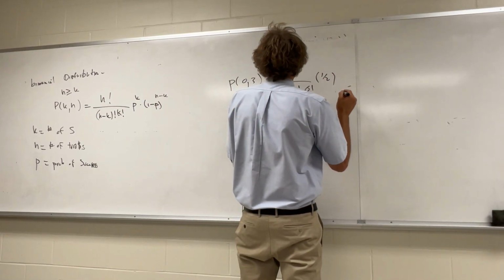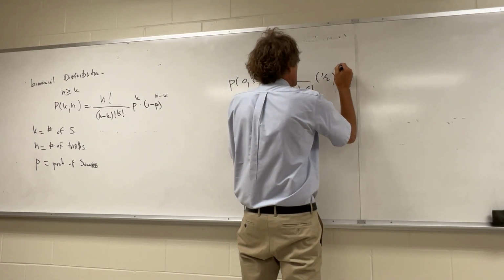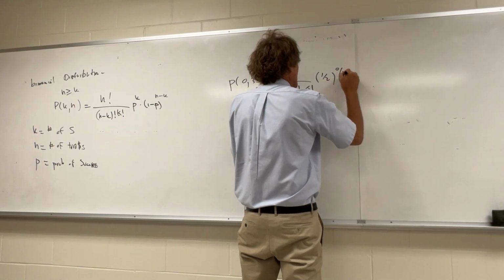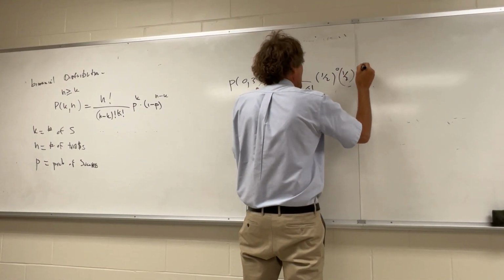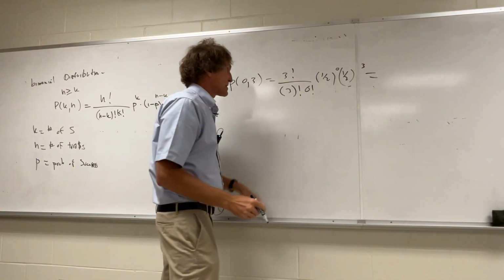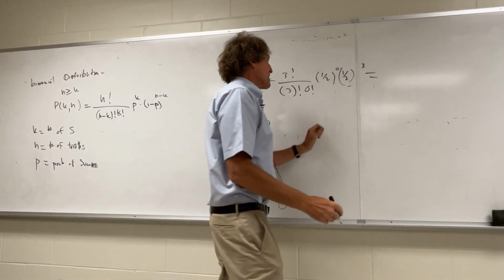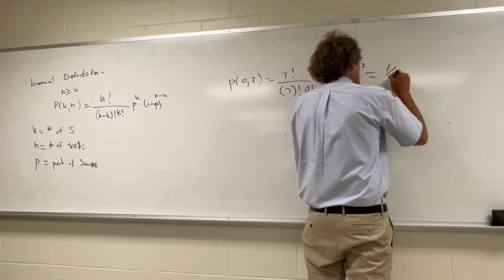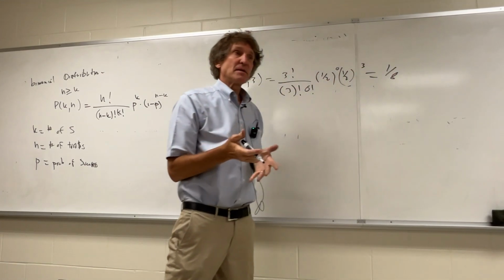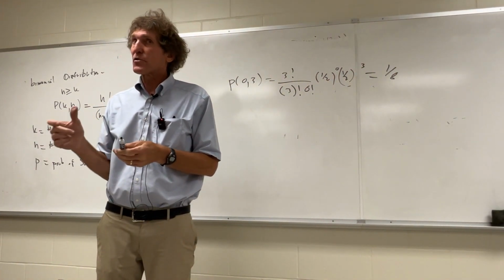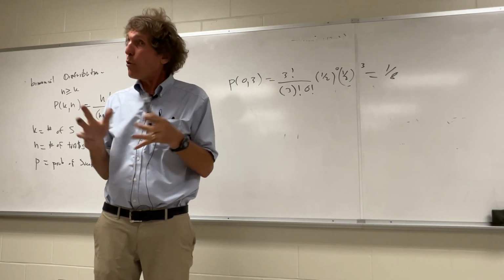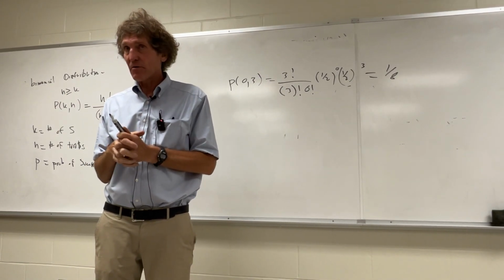It's going to be to the k power, which is 0, times the probability of 1/2 to the n minus k, which is 3. Take one look at that. The 3 factorials cancel, you get 1/2 cubed, which is 1/8. Does everybody agree that that would be the likelihood of getting 3 heads or 3 tails in a fair coin flip?